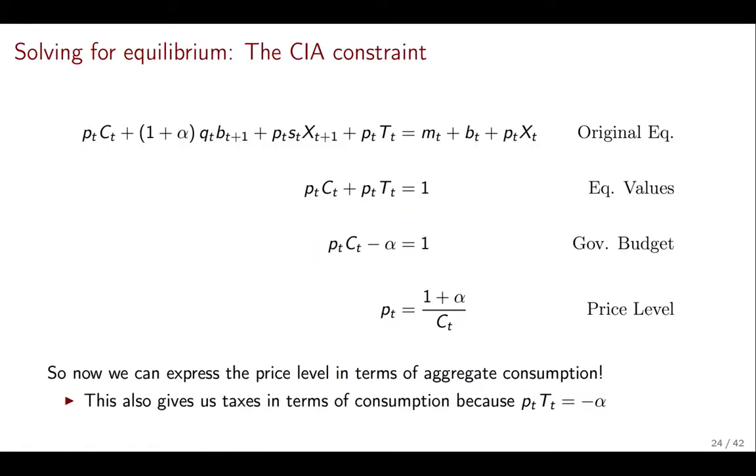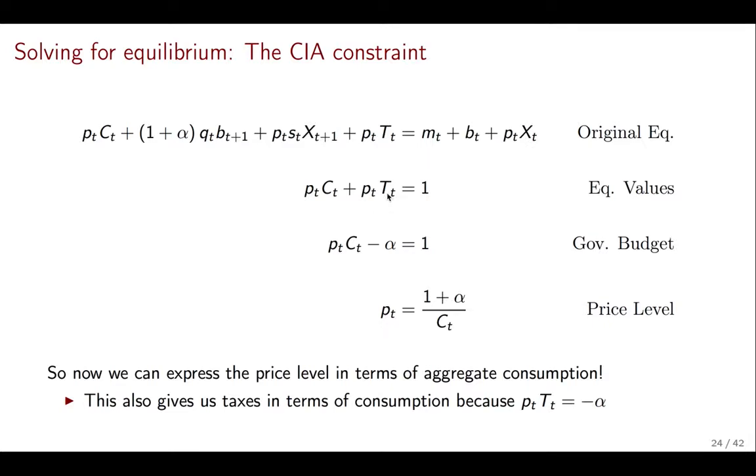So take, for example, the cash in advance constraint. If you replace for the equilibrium values of the variables, you can find out that it simplifies quite a bit because the value of b is 0, x is 0, and m is 1. You get a much simpler equation relating the value of the expenditure in consumption and the value of taxes or transfers.